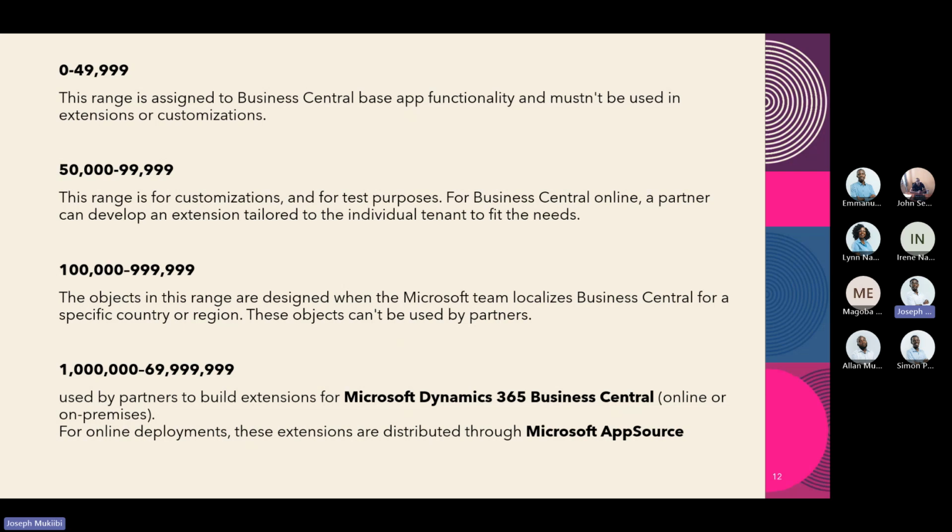Then we have this one, the range from 1 million, because I think we used the 51 million range. This one is used by partners to build extensions for Business Central online or on-prem. For online development, these extensions are distributed to the Microsoft App Store.